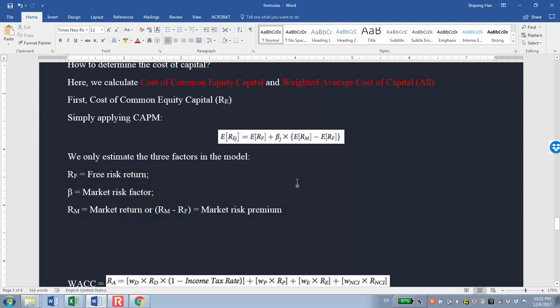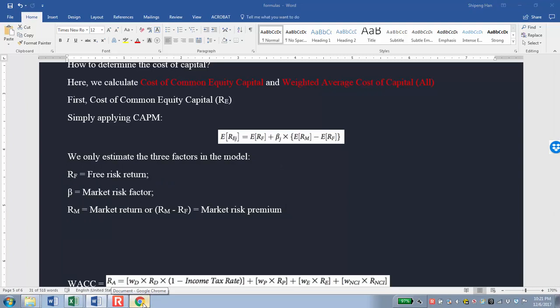Or we can define this part as market risk premium, which is the difference between market return and risk-free return. And all of these are available, although they are not accurate. But we have no other choice.